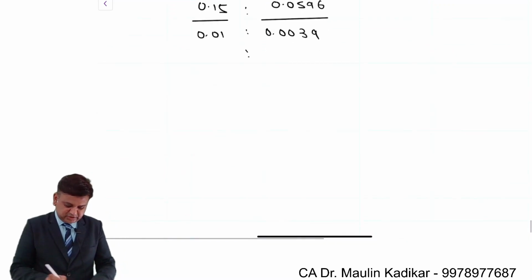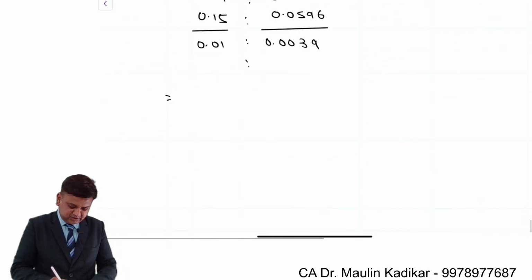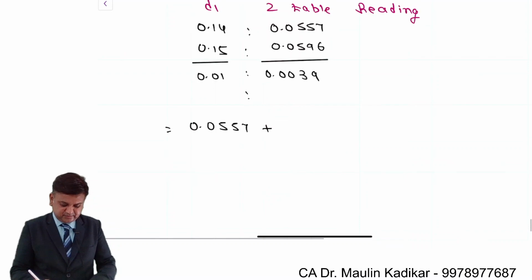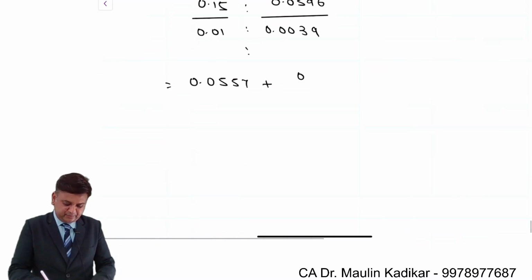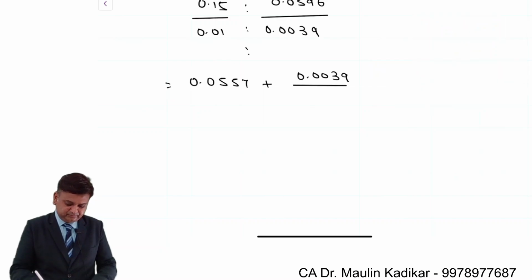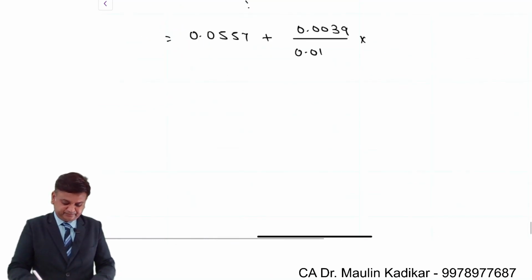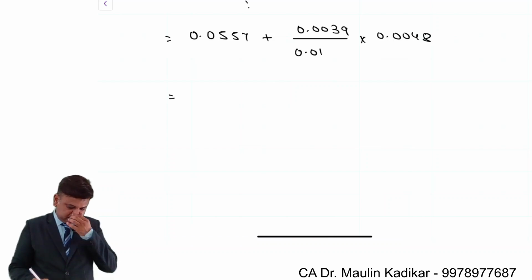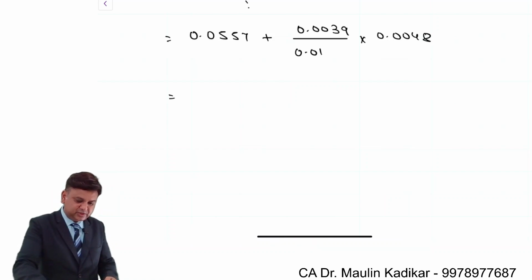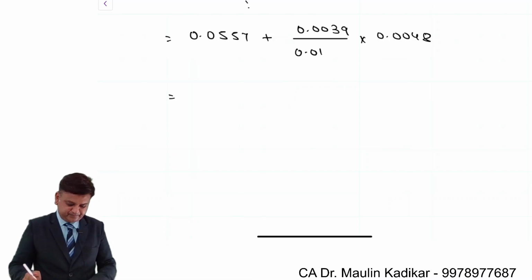Okay, so now the final answer is 0.0557 plus 0.0039 divided by 0.01 into 0.0048. So 0.0039 into 0.0048 upon 0.01.